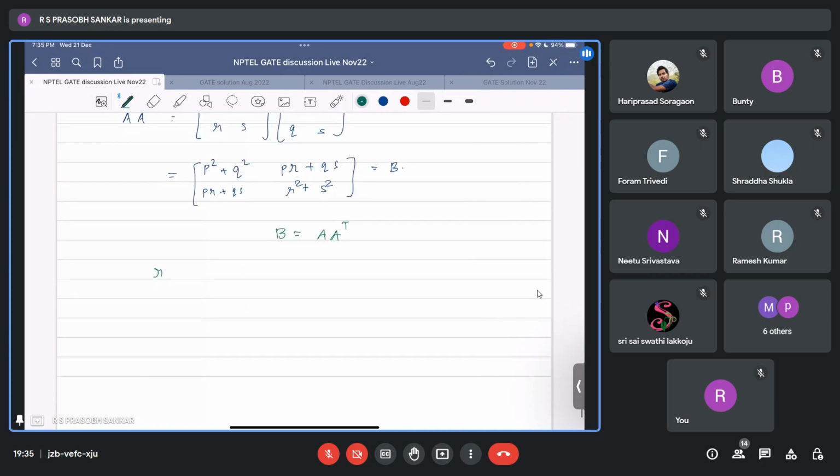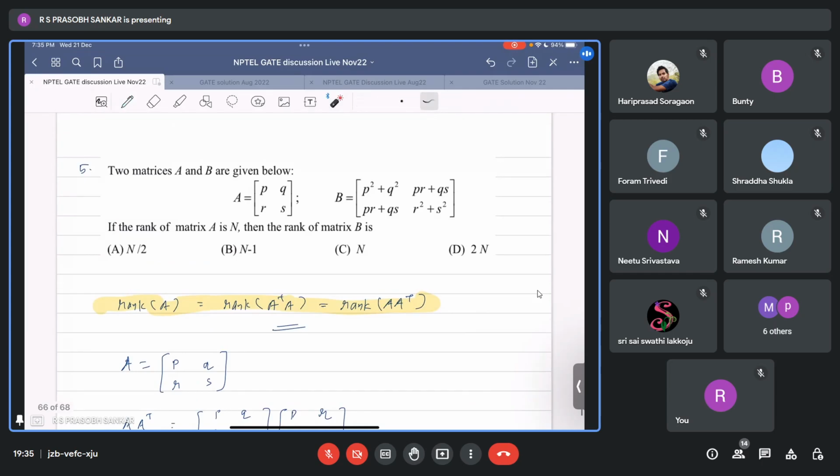So rank of B is the same as rank of A transpose A, which is rank of A, which is equal to n, because it is given in the question that the rank of matrix A is n. So the rank of matrix B is again n. So option C is the correct answer.